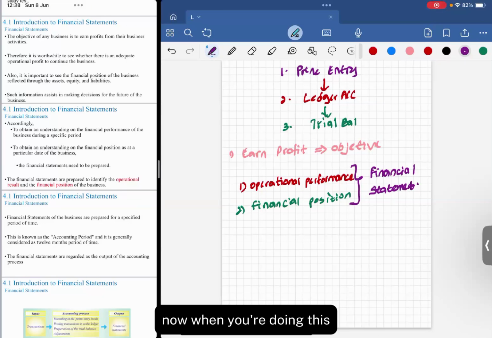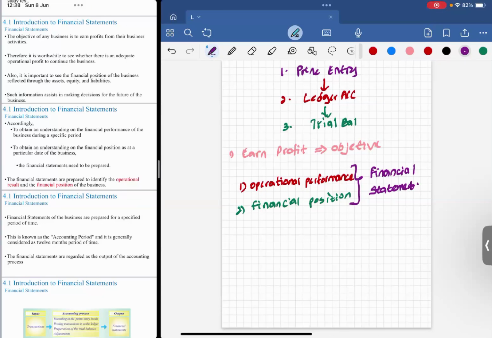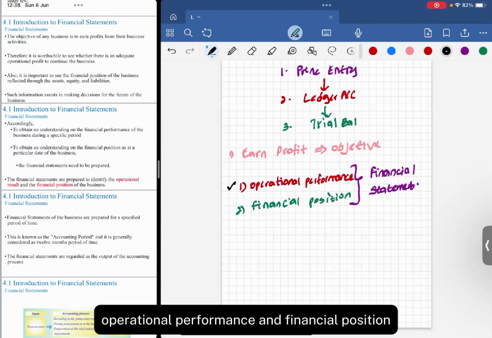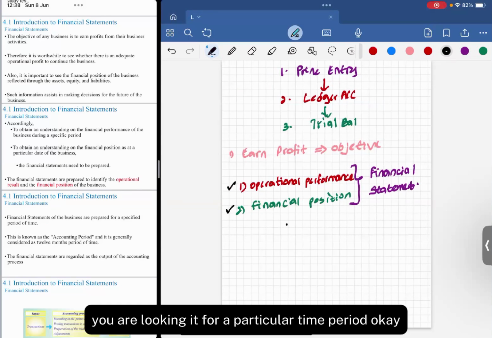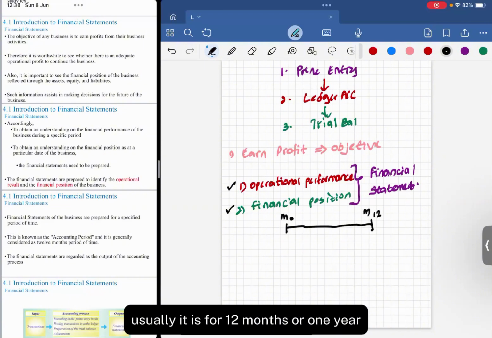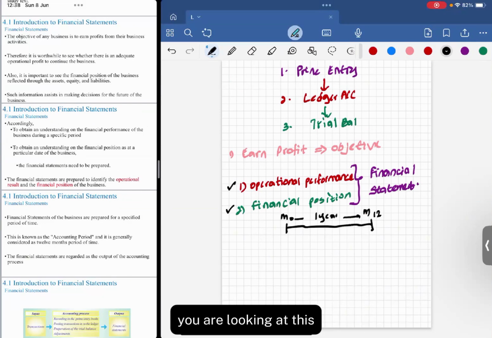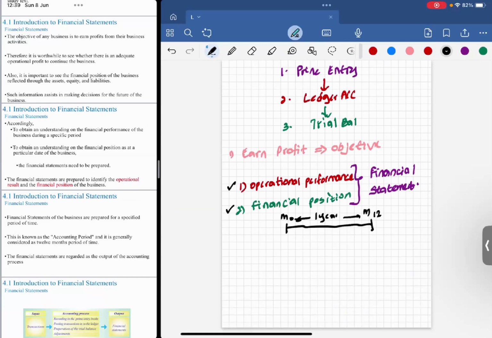When you are doing this, there is another important thing: you are looking at it for a particular time period, usually 12 months or 1 year.